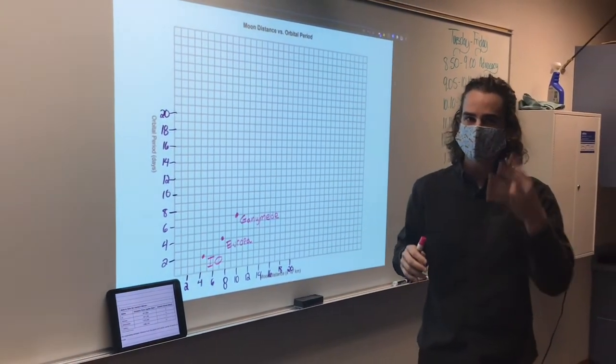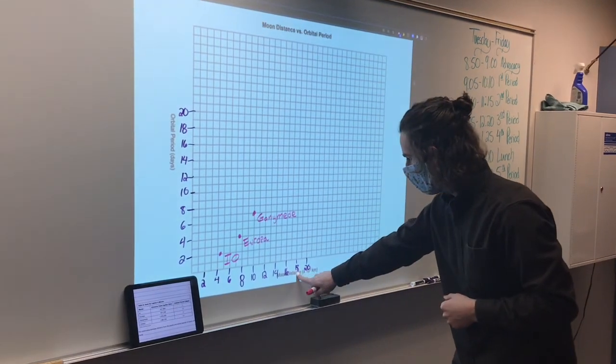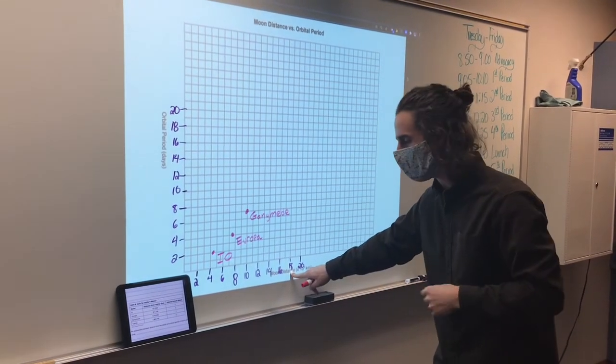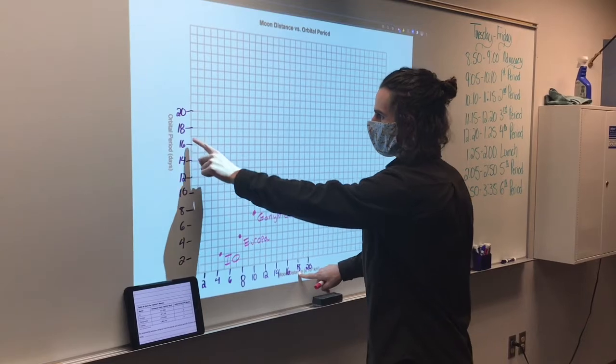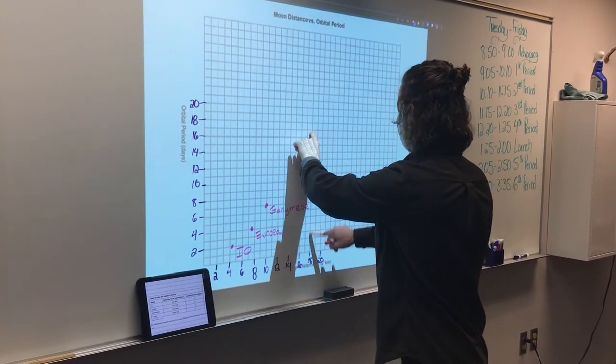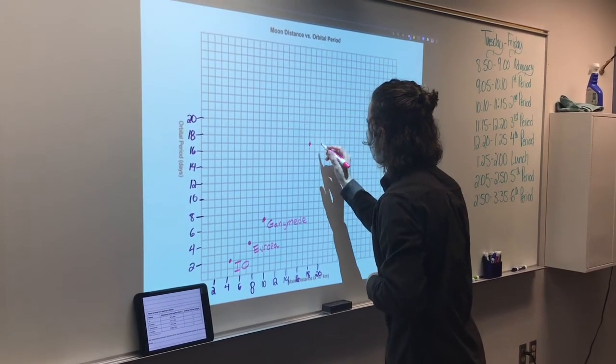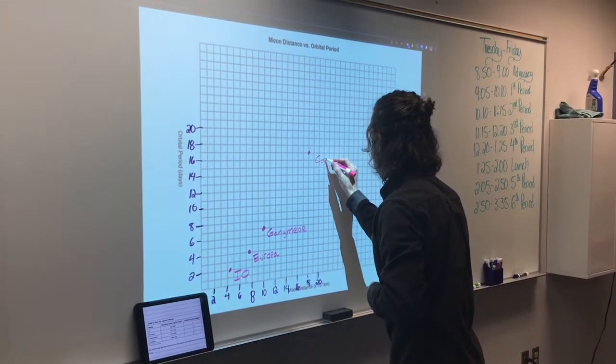Then our last and 4th Galilean moon is Callisto. Callisto has a distance of about 1.8 million kilometers away, and it has an orbital period of 17 days. So there is Callisto.